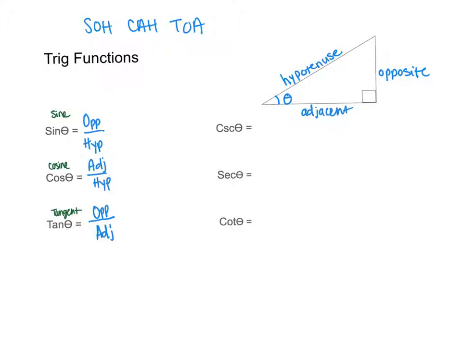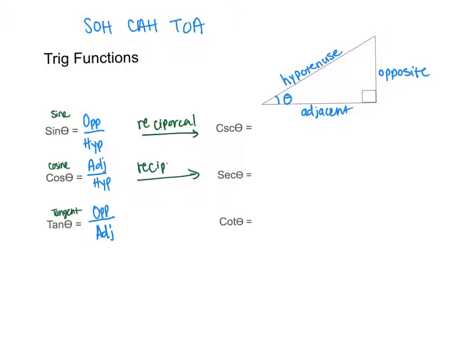Now that we've talked a little bit about sine, cosine, and tangent, we're going to talk about these trig functions, which are basically the reciprocals. Let me see if I can grab another pen here. Actually, I don't want to do it in that color. Let's do green. So these are going to be the reciprocal of each trig function.